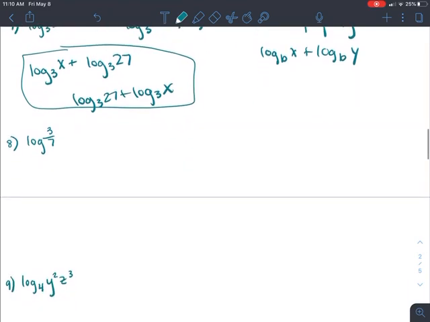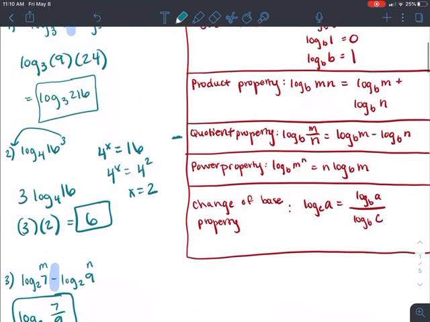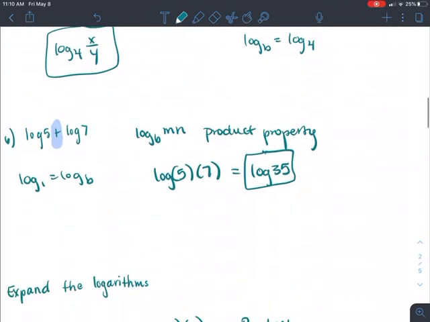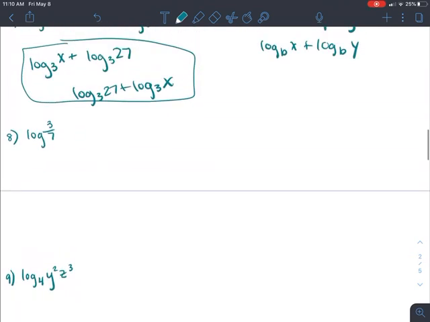So this one, the first thing that I think when I see this is division. And the property that I know that has division is our quotient property. So our quotient property, I'm going to come down here. Our quotient property means that log b of m over n is going to be separated into log b m minus log b n.